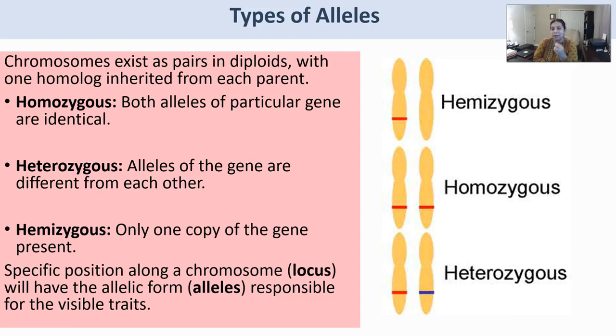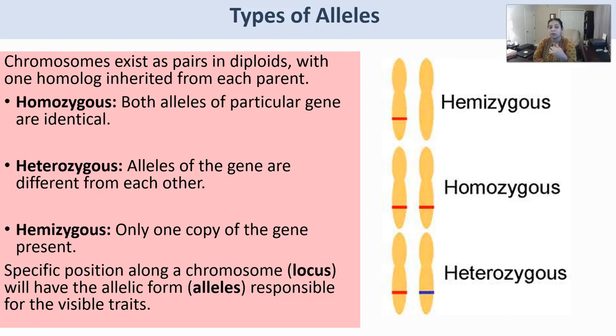Because there's only 1 copy of chromosome X in a male, the other one is a Y chromosome making them a male, then all the genes that are on that chromosome X are going to be hemizygous because they'll only have 1 copy of that gene present. Another might be a situation where that particular gene on the other allele, gene position, is mutated or deleted for some reason. So there's only 1 functional copy of the gene available.